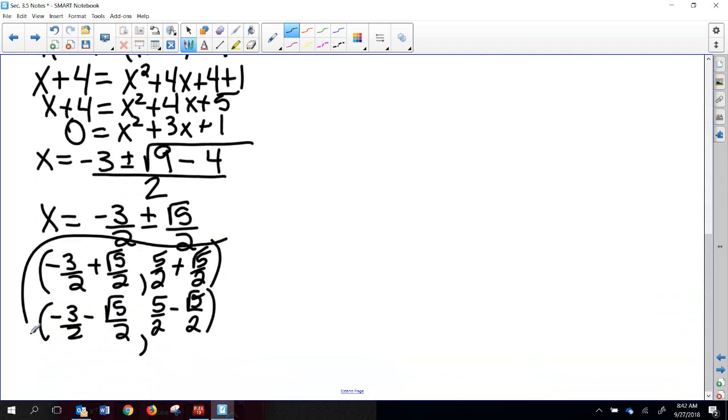Those would be my two solutions. So how many times do those two equations intersect? Twice. Okay? So that's an example of substitution.